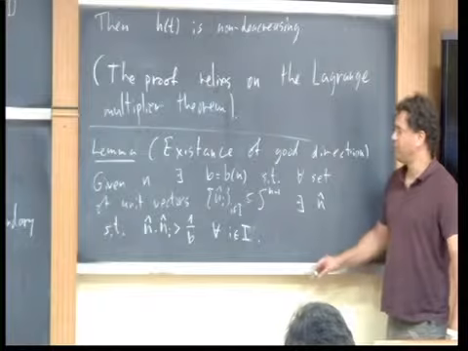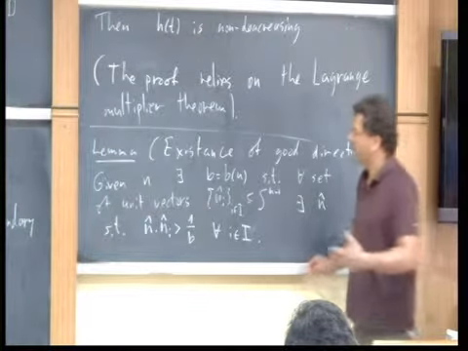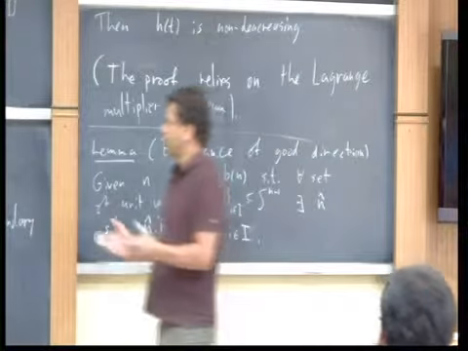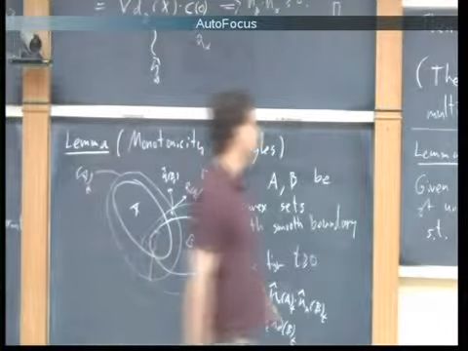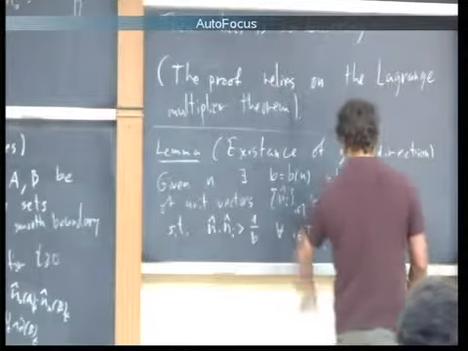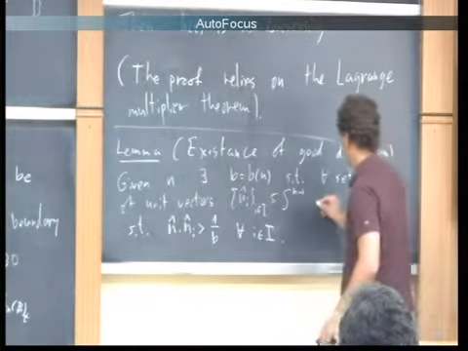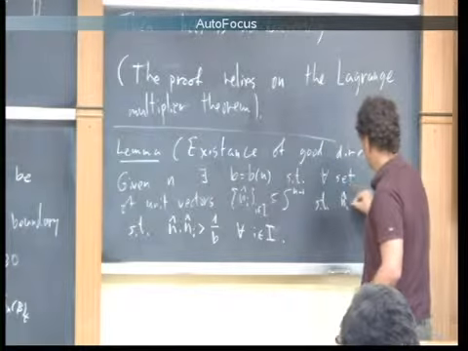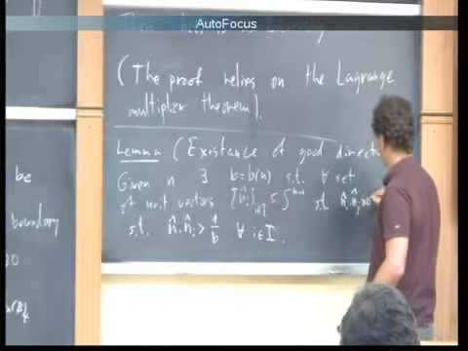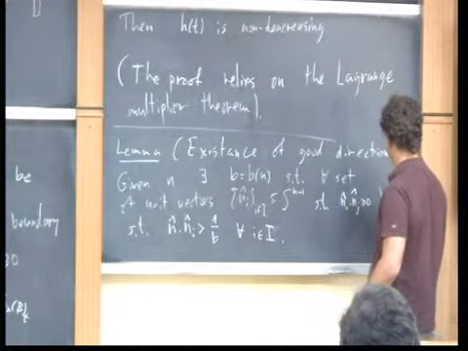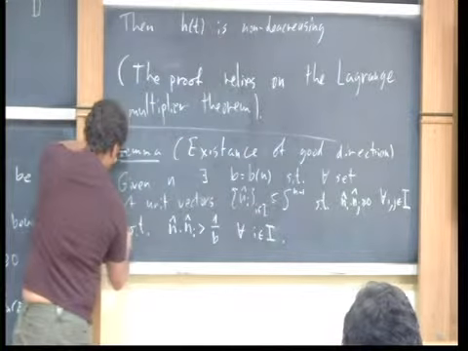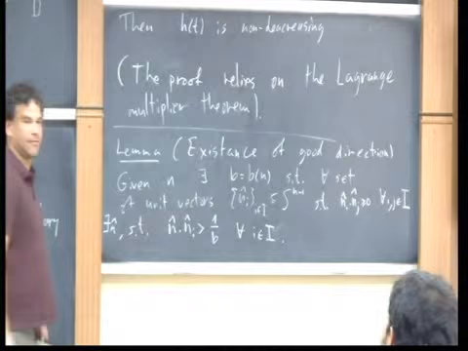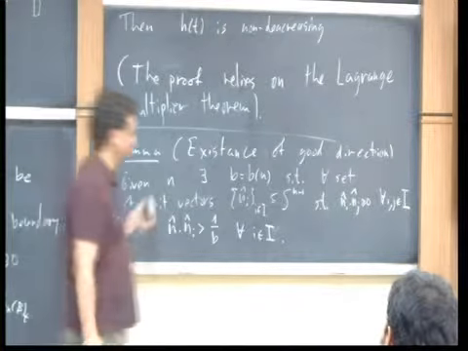This is intuitively very clear, but there is something to prove. If you have a collection of vectors such that the inner product of n_i and n_j is non-negative for any i, j, then there exists n hat such that... Of course, you can't take all the vectors in the sphere.